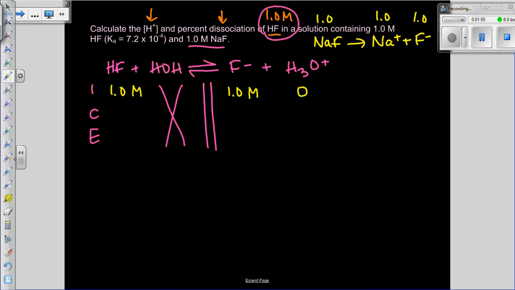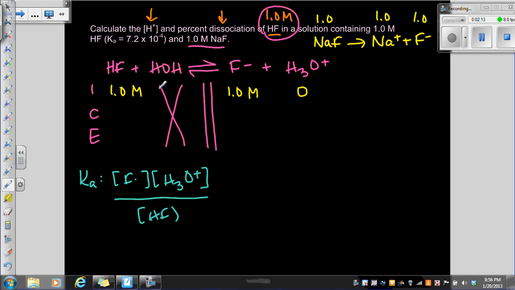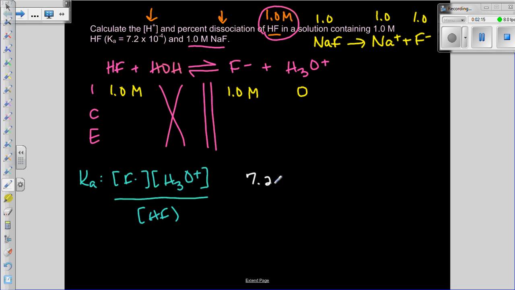Now, because I know my Ka, I can write my expression. It would be the concentration of fluoride ion times the concentration of hydronium ion divided by the concentration of hydrogen fluoride. My Ka is 7.2 times 10 to the negative fourth. Because I have this, I can use x.